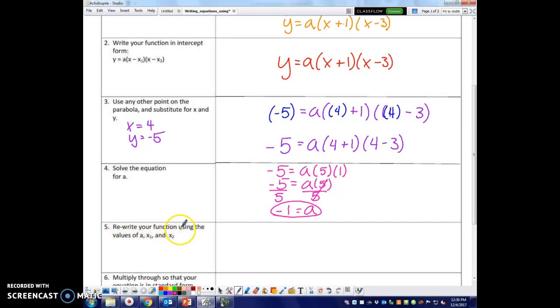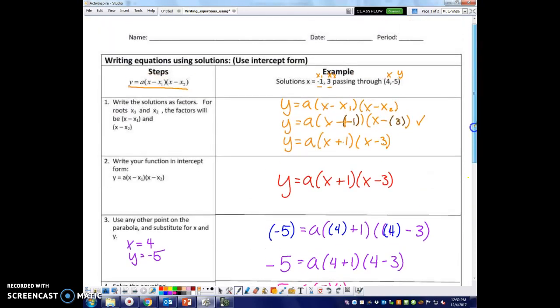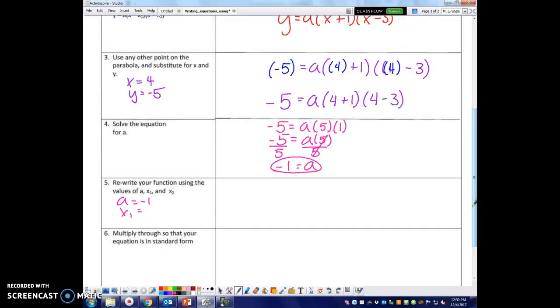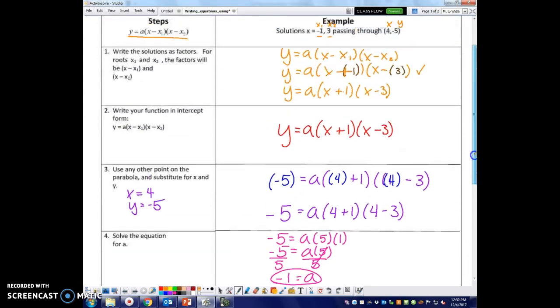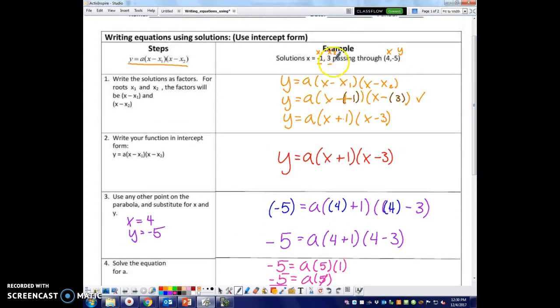Now, rewrite your function using the values of a, x1, and x2. So a is negative 1. x1 was negative 1. And x2 is 3.